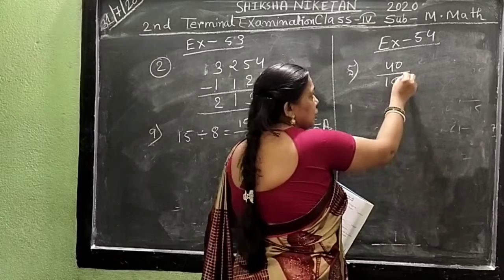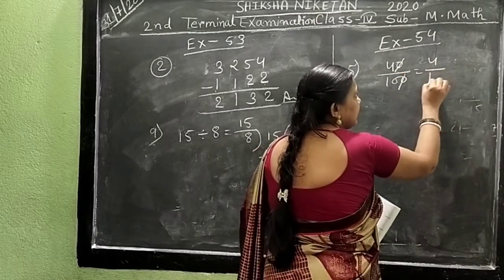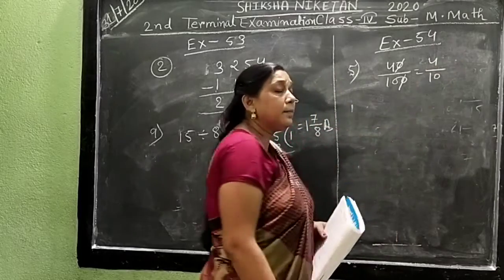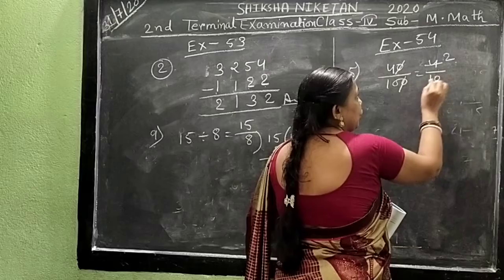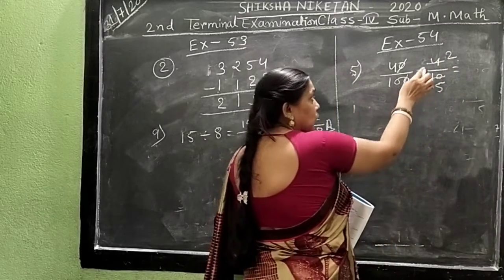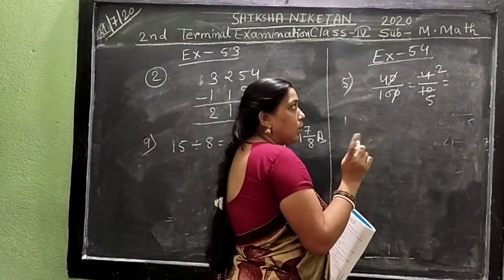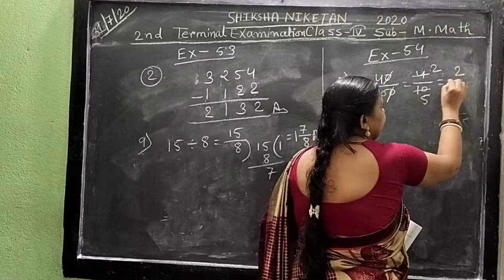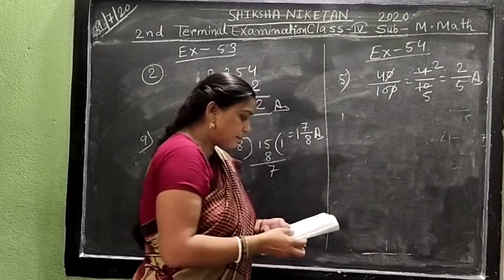I cut 0 and 0. That is 4 by 10. Those numbers cut by 2. 2 2s are 4, 2 5s are 10. Those numbers cut with any one number, not another number. Okay? 2 by 5. That is our answer. This is lowest term.